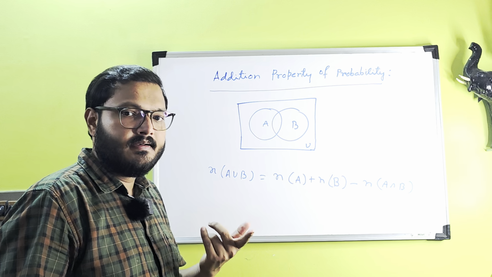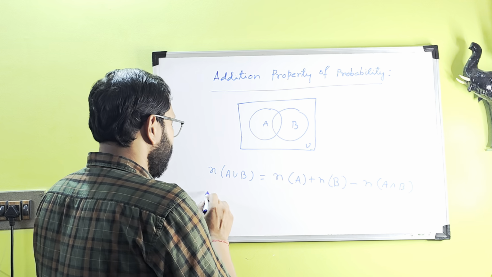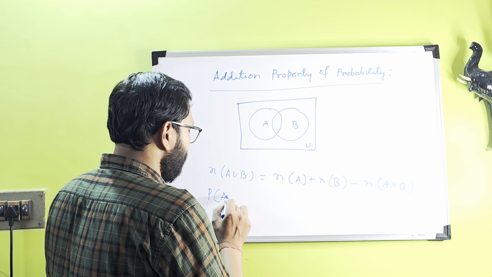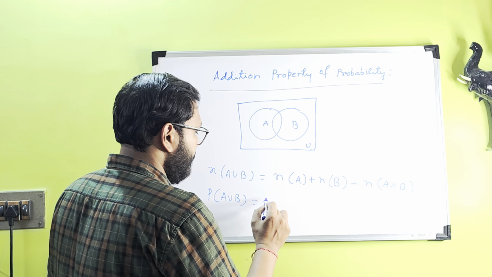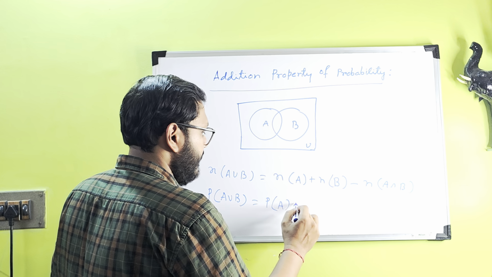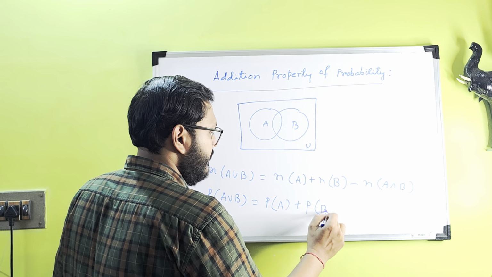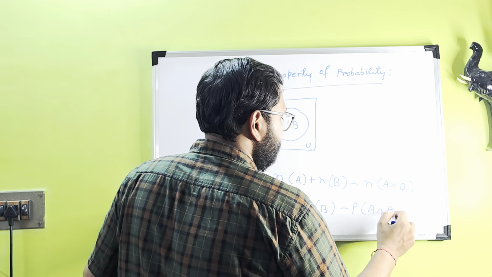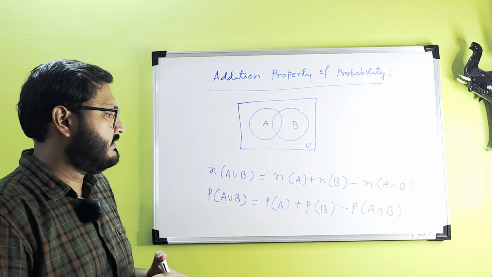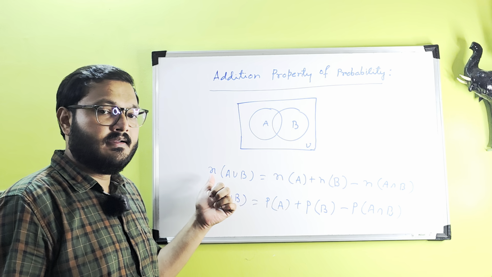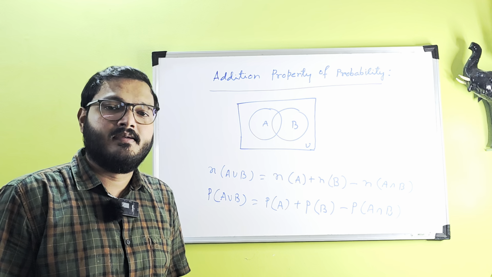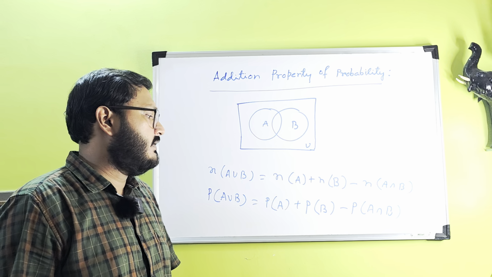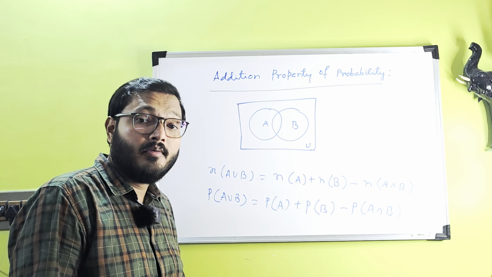So here, the probability of A union B equals the probability of A plus the probability of B minus the probability of A intersection B, as we replace n by P. This is called the addition property of probability.